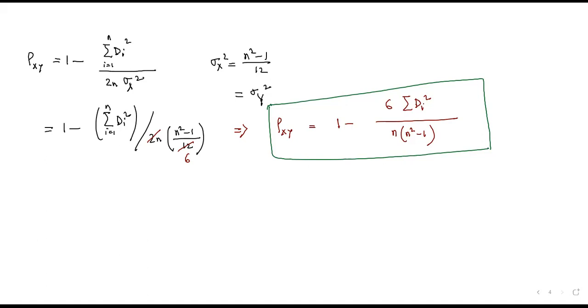But when we are talking about the Spearman's rank correlation, you have to keep in mind that these two random variables, capital X and capital Y, must be ranks and nothing else. You cannot say that I have marks of X and marks of Y and I want to calculate the correlation coefficient between the two marks.